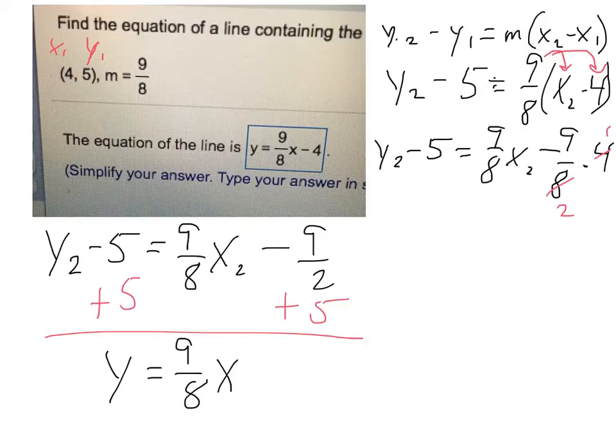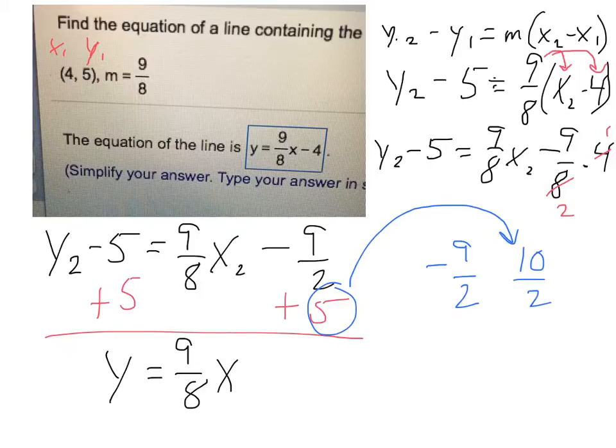Now I have to combine these two, so I'm going to make like a mini problem on the side here. And what I want to do is I want to change the 5 into something different, which is 10 over 2. Okay, so 10 over 2 is the same thing as 5.